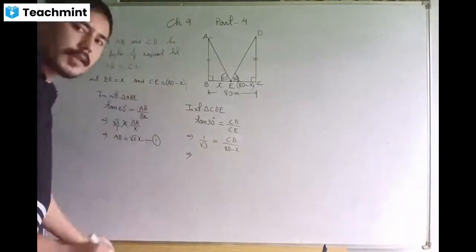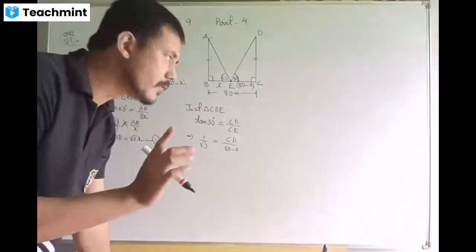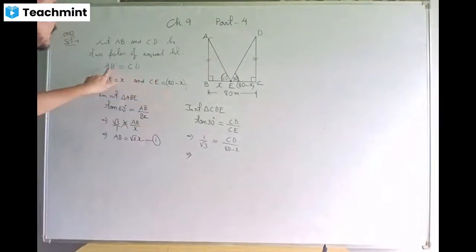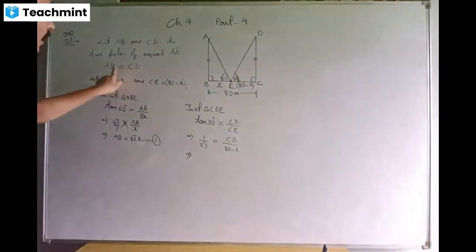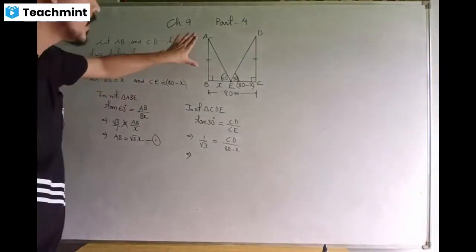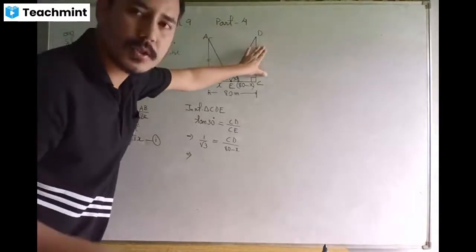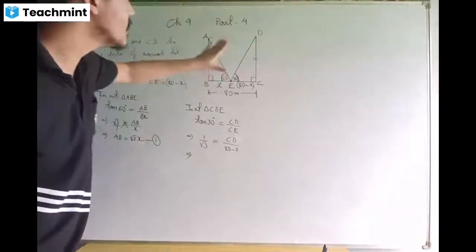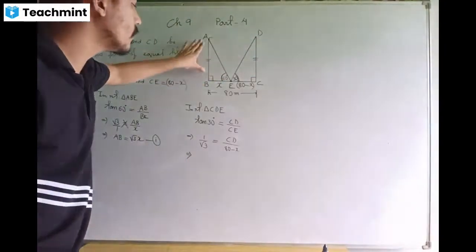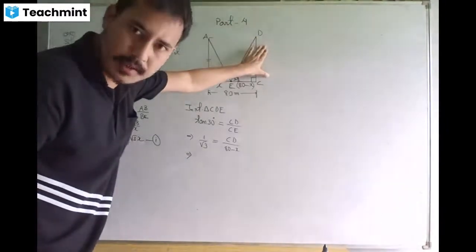Now before we do any cross multiplication, look here. AB and CD are equal, right? AB and CD are the poles of equal height. That means the height of AB would be equal to the height of CD.